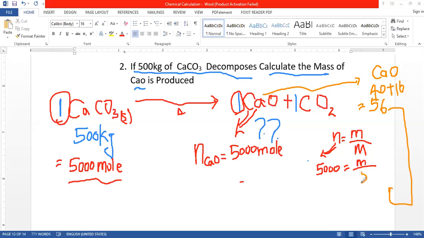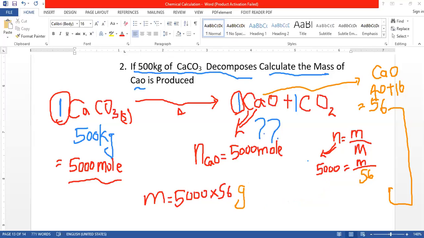If you put 56 here, I can find the mass: mass is equal to 5,000 into 56. And this would be in which unit, kilogram or gram? This would be in gram.